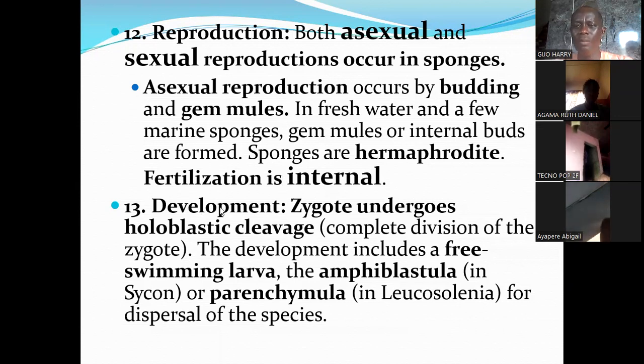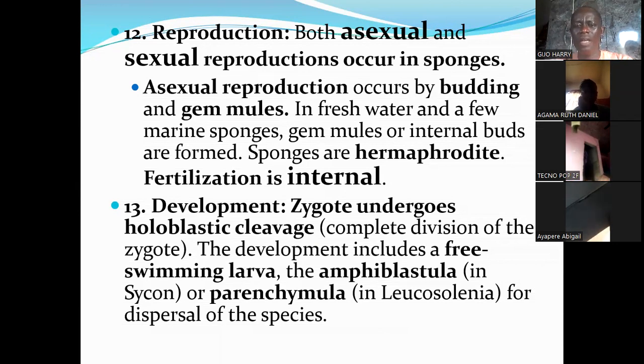What about the development of sponges? The 13th characteristic: the zygote undergoes holoblastic cleavage, that is a complete division of the zygote. I've said earlier that the larval stage of sponges is usually free swimming, able to move from one place to another.